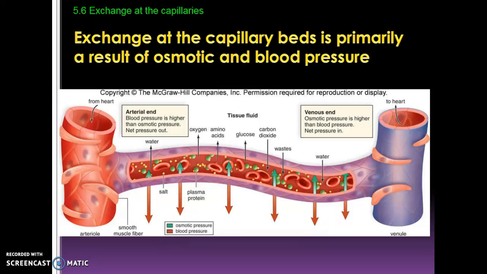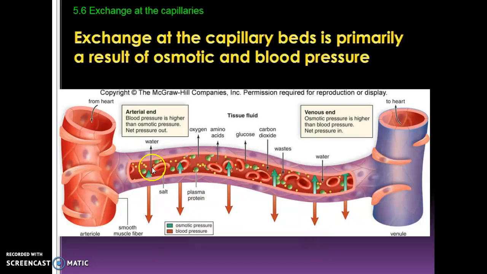Now, exchange at the capillary, the actual exchange of the blood. You see here, a great figure to look at. It shows the connection between the oxygen-rich blood that flows through the arteriole at this part, into the capillary, back to the venule, and you have all of this exchange where you have water going out, oxygen going out, amino acids, these are the nutrients, glucose.